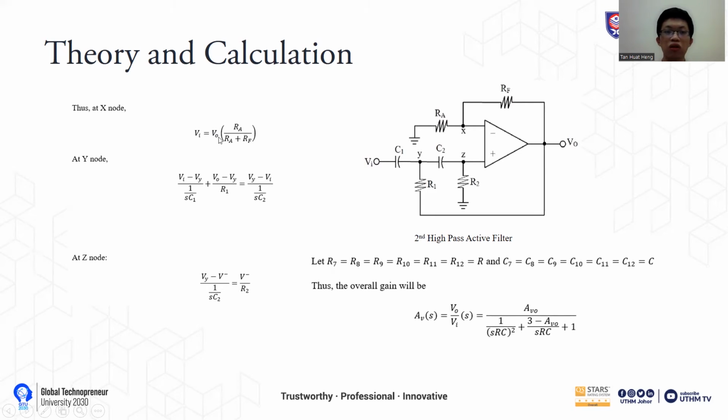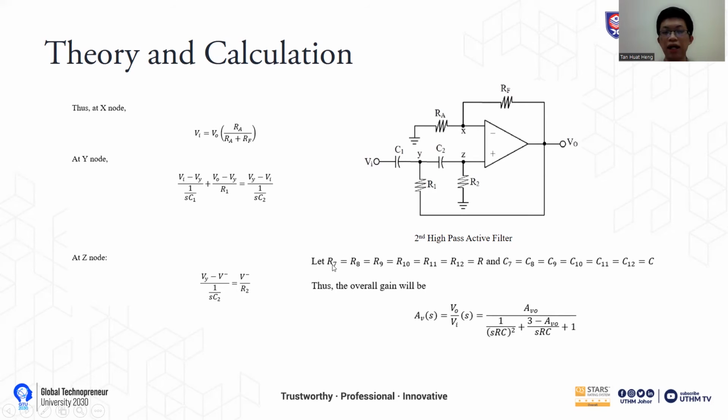At S0 we do not multiply with RA divided by RA plus RF. At Y0 equal to VY minus V in equal to 1 over SC capacitor 2. At Z0 the formula is VY minus V negative divided by 1 over S capacitor 2, and V negative divided by R2.